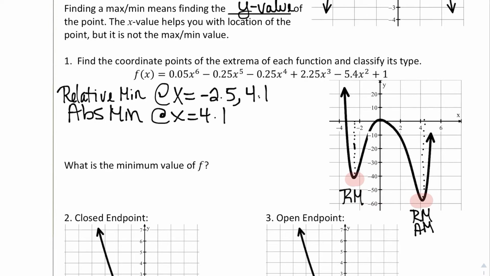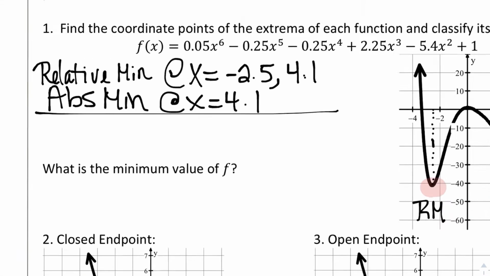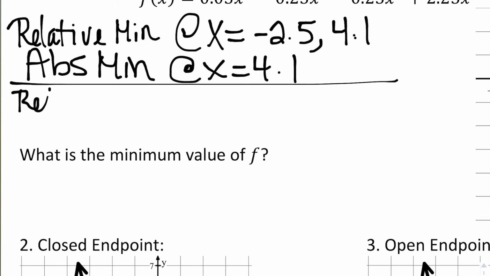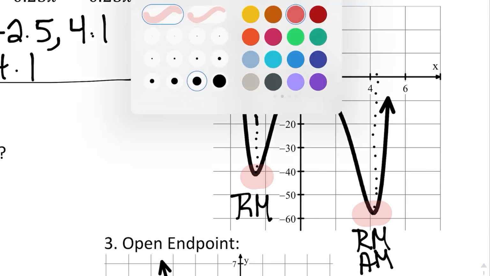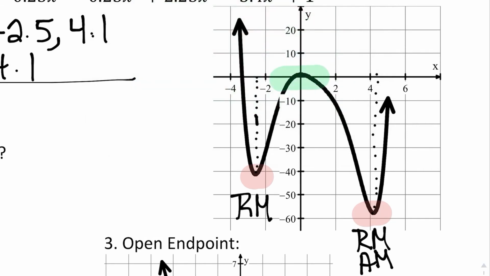If they wanted relative and absolute max values, let's look at our graph again. This point is higher than all the rest, so that would be a relative maximum.